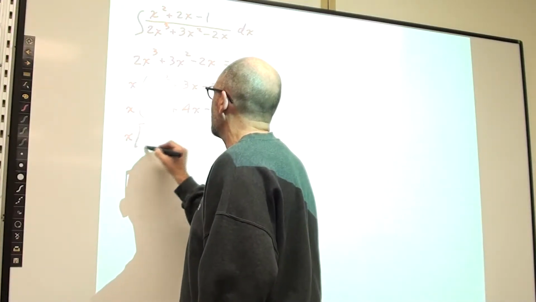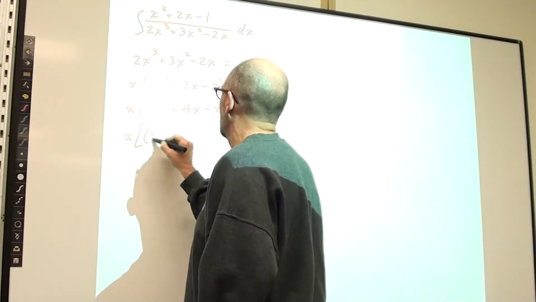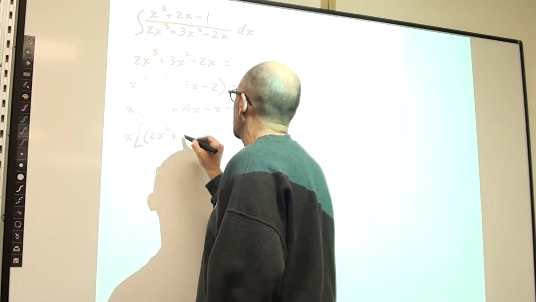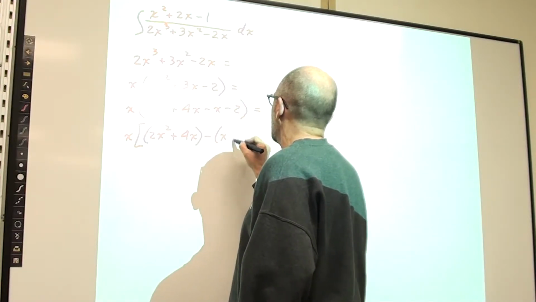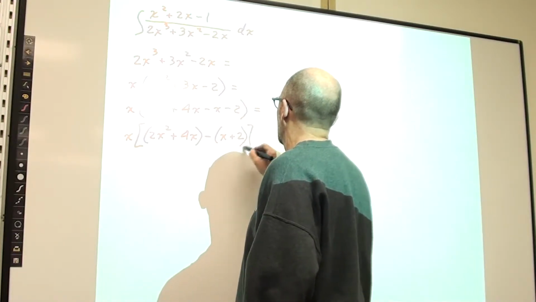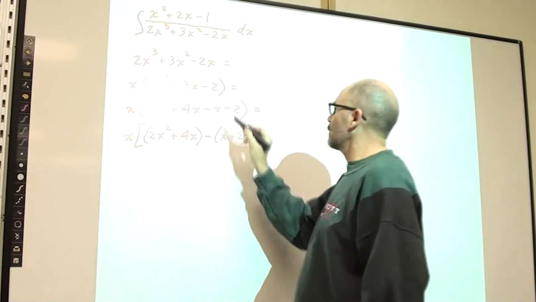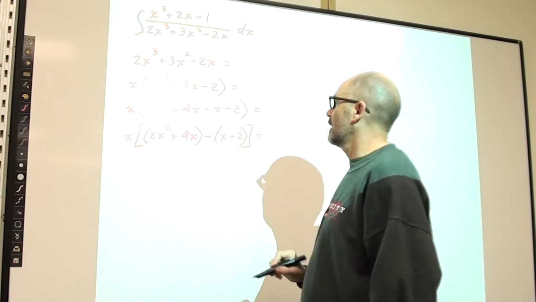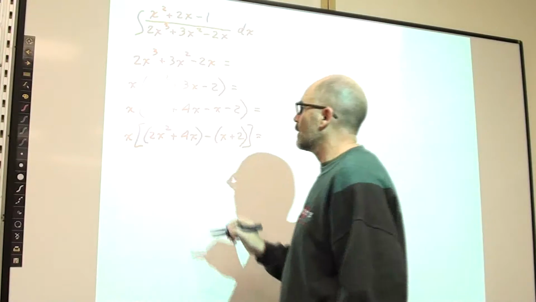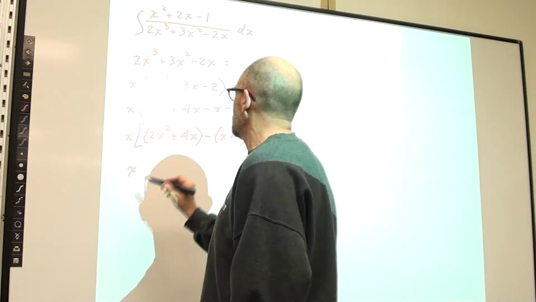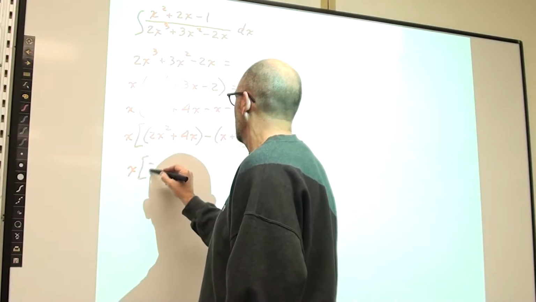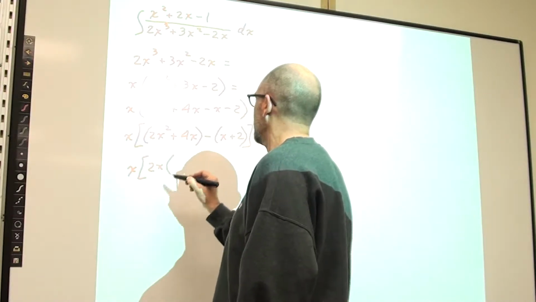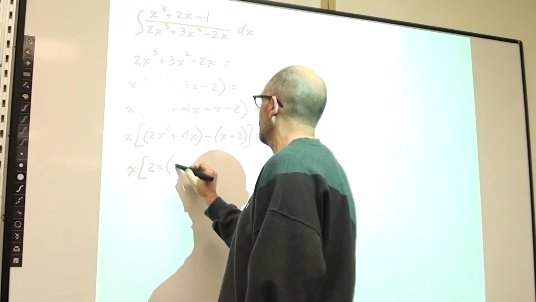Okay, so now we group it 2 and 2. So it's going to be x times the quantity 2x squared plus 4x minus x plus 2. And notice I factor the minus out, so I have two groups. Now I get the greatest common factor out of the first group, which is 2x. And so what am I left with? X plus 2.